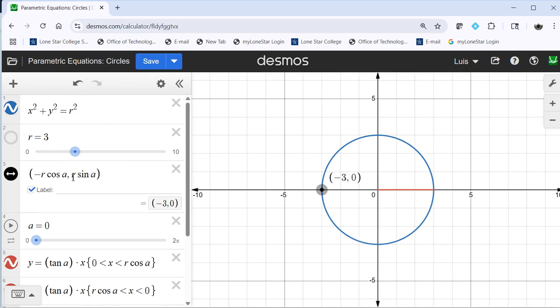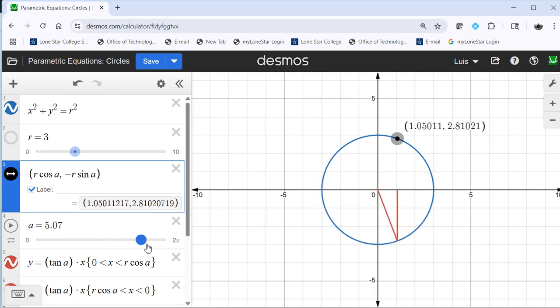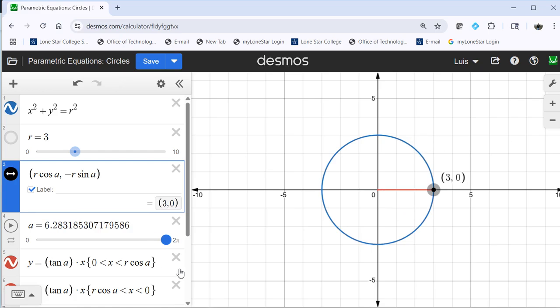And then notice this though, what if we made this negative? But as I increase the radian measure, see how now it's moving in a different direction. It's moving in a clockwise motion, but it's still starting at the same starting point, okay?